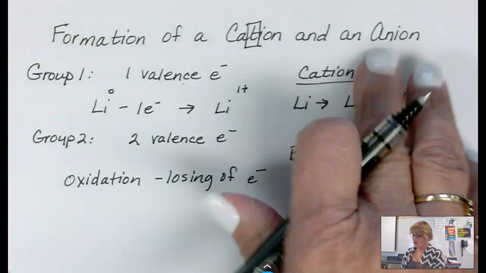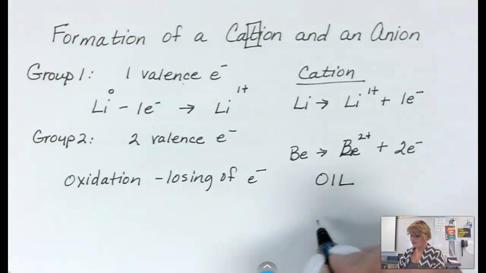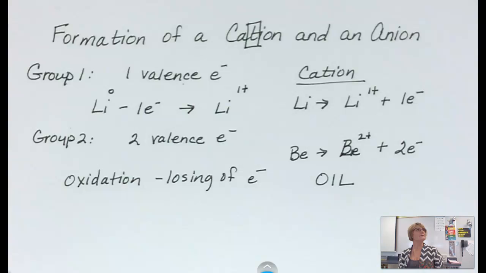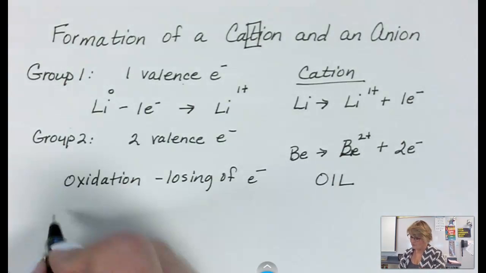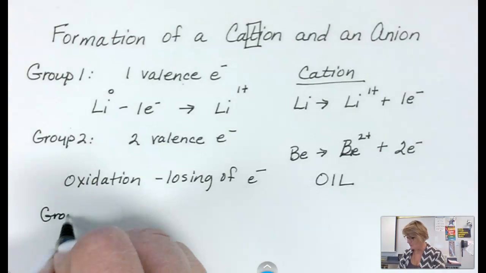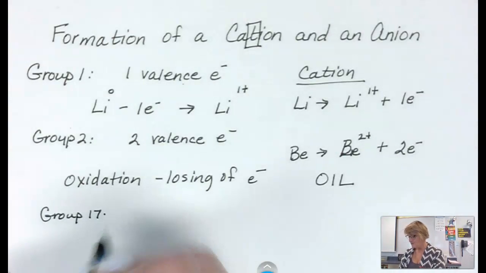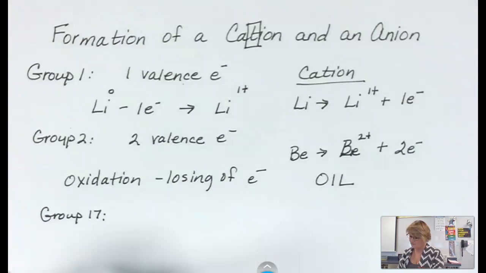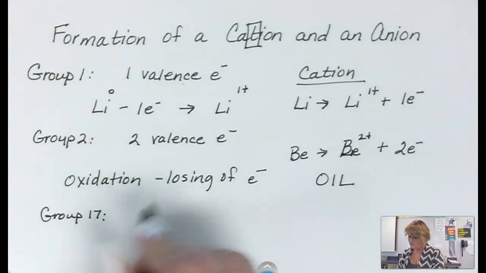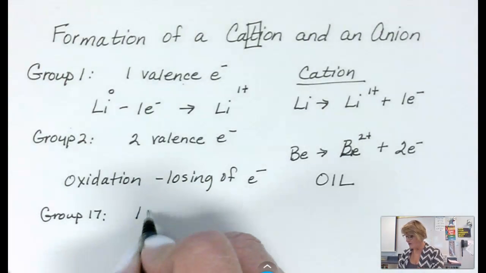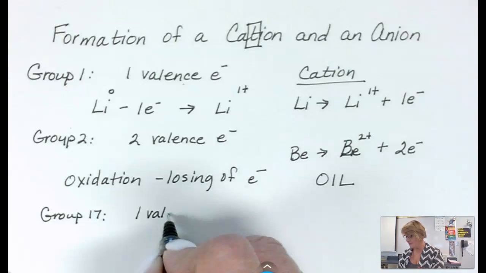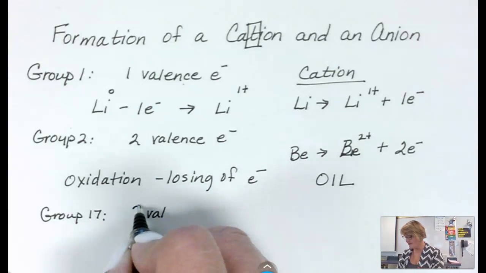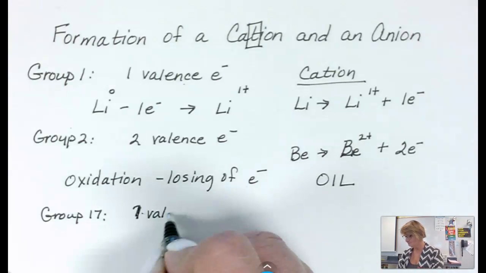Let's go on then to the formation of the anion. Let's say we're at fluorine. We'll go to group 17. It's a good group to work with. Fluorine and all of those in group 17 have 7 valence electrons.